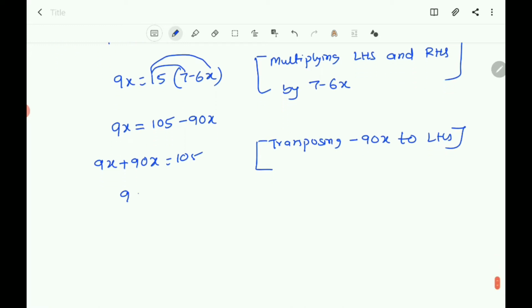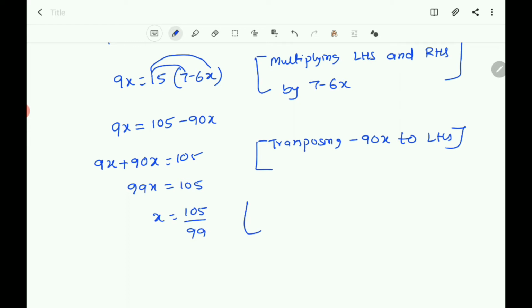Then it becomes 99x is equals to 105. Now here we have to transfer this 99 to the RHS, that is nothing but dividing both LHS and RHS by 99. So it becomes x is equals to 105 by 99.